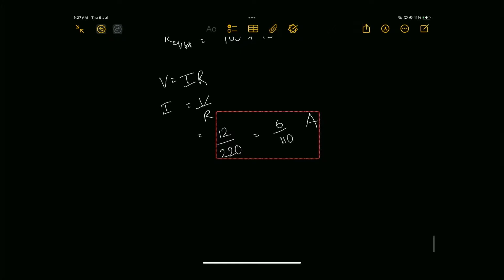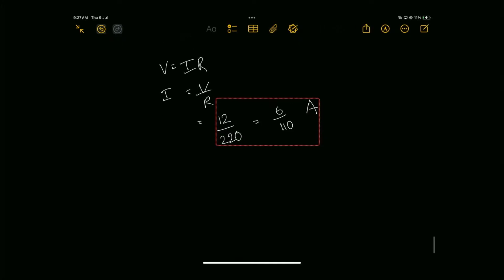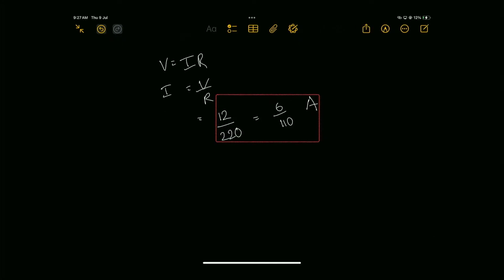Now we will do part D, right? A capacitor is an electrical device that has the ability to store electric charge. Define capacitance. Capacitance is the ratio of the stored charge to the potential difference across it, right?